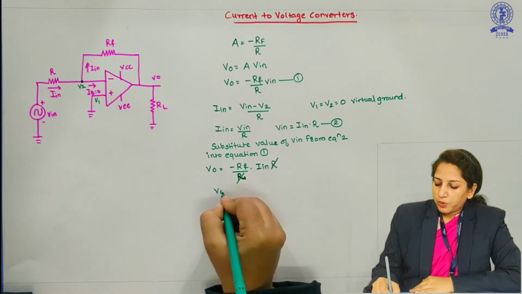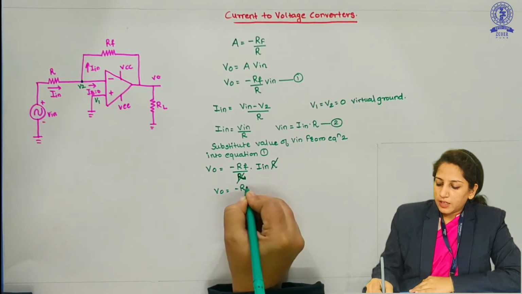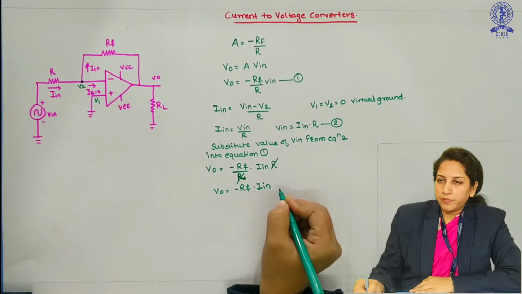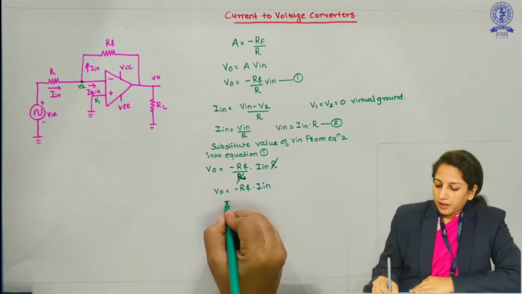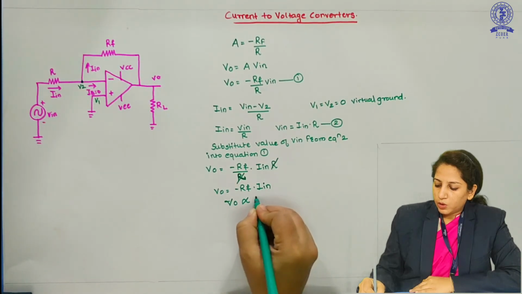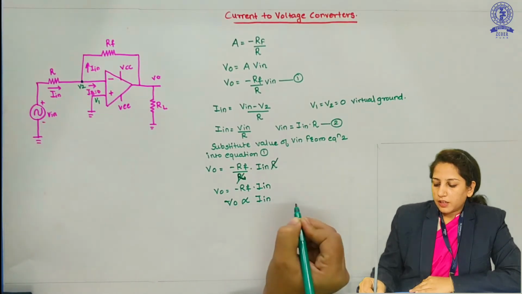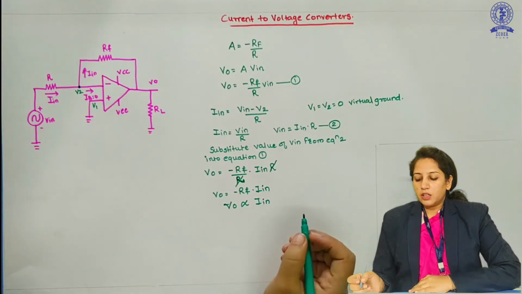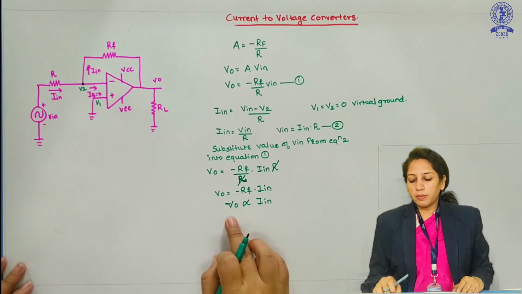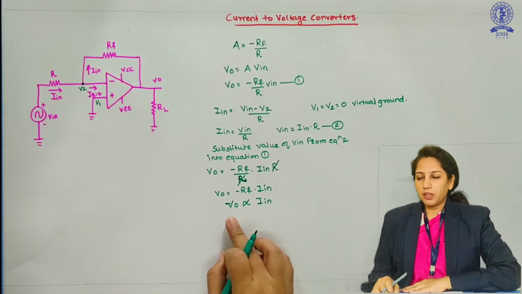So my final output V0 is equal to minus RF into I in. In this way my output voltage is proportional to my input current.